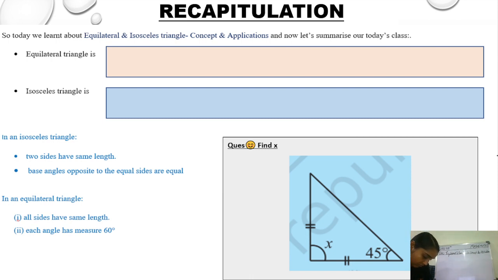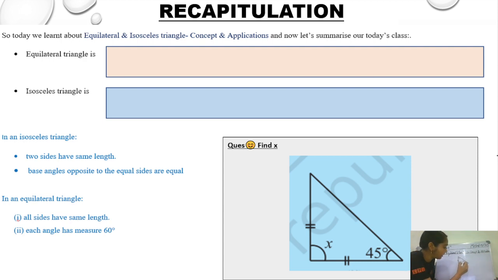That you do not have one base angle opposite to the side, the base which is shown over the downside like this. Actually, we have this side and this side equal. So the angle opposite to this side will be this, and angle opposite to this side is this. But we do not know this angle. Okay. And we have to find the x also.